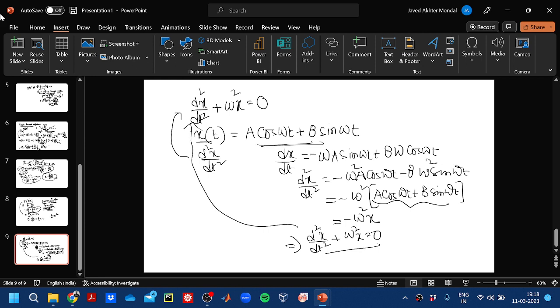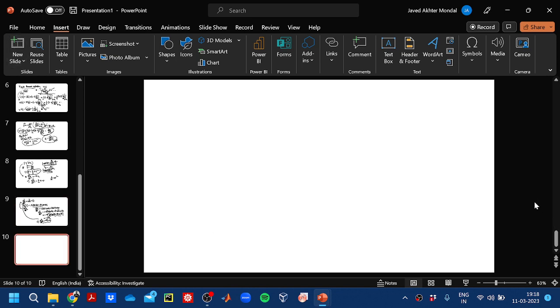Now we can write this solution in other forms also. So x of t equals a cosine omega t plus b sine omega t. This we can write in other forms also.